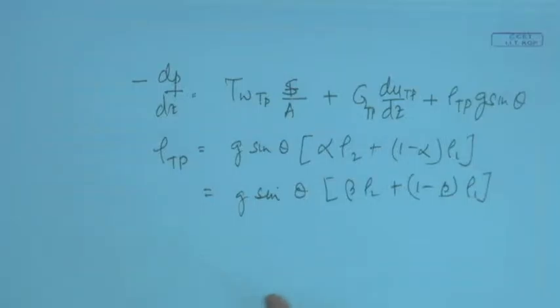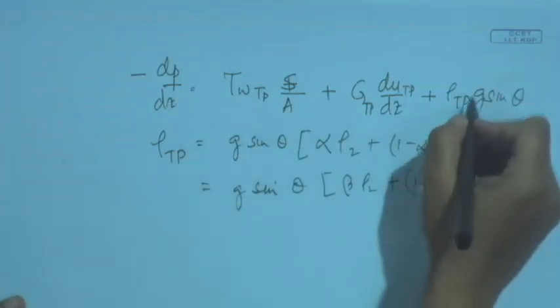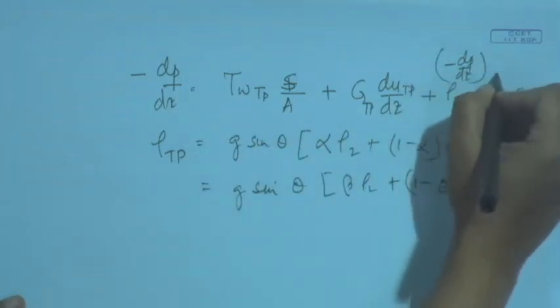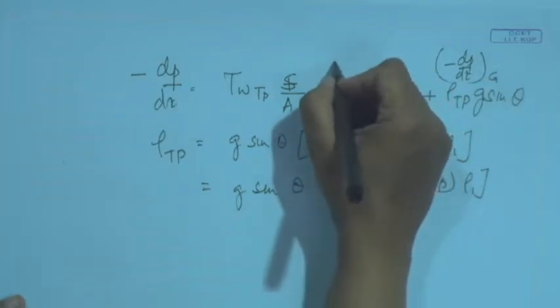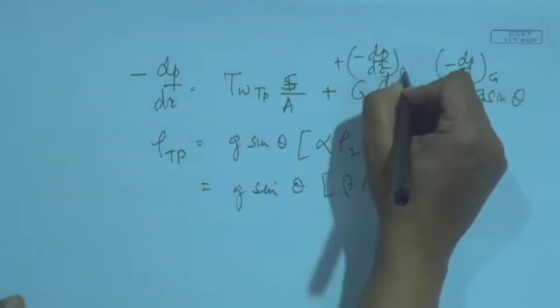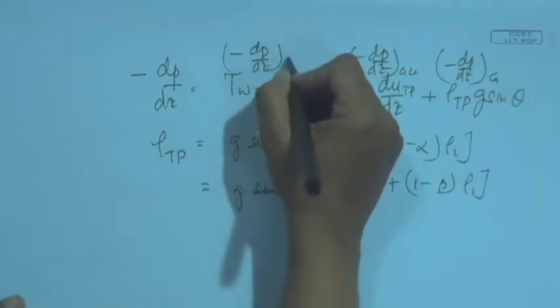Therefore, this comprises the gravitational pressure gradient, this is nothing but the acceleration pressure gradient, and this is the frictional pressure gradient.